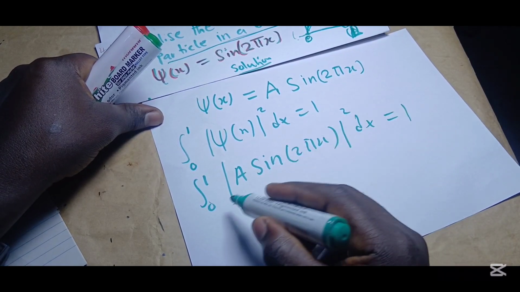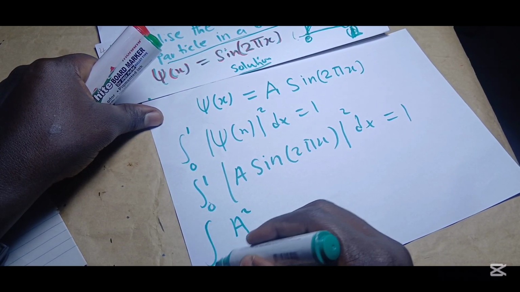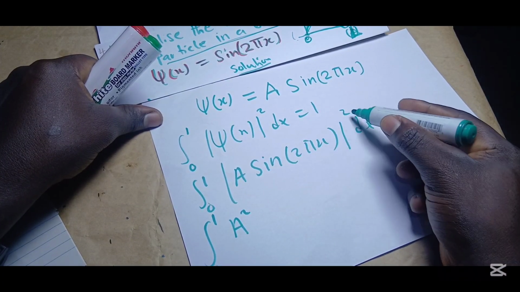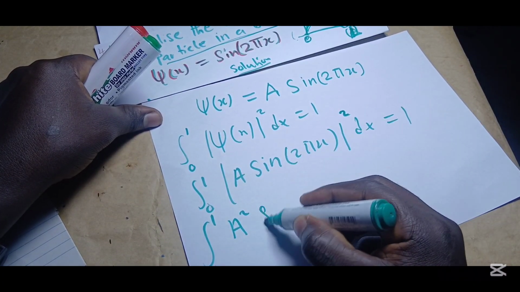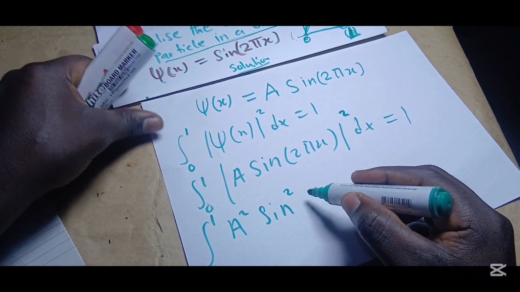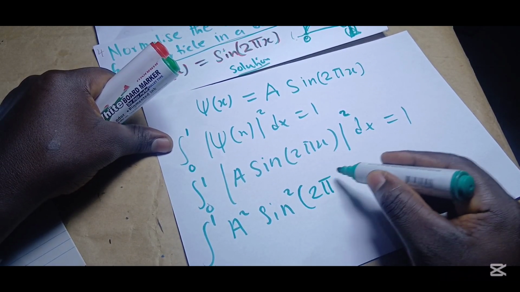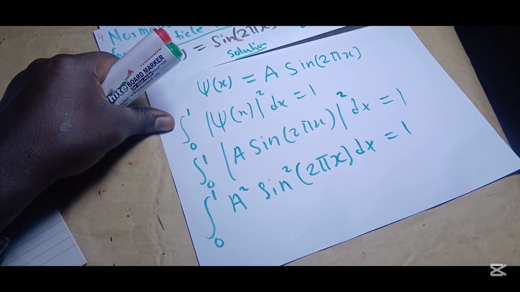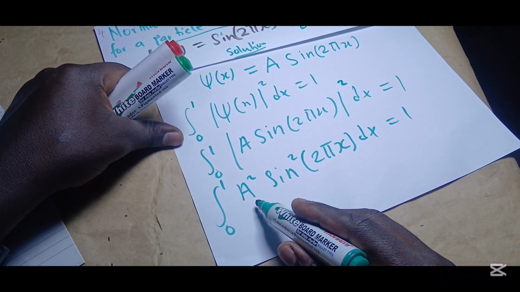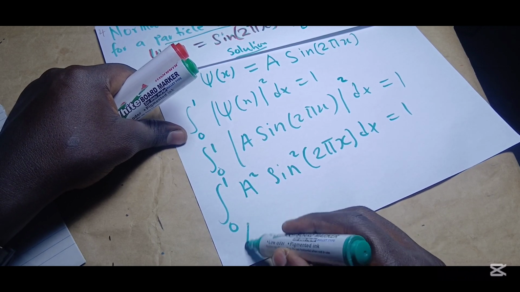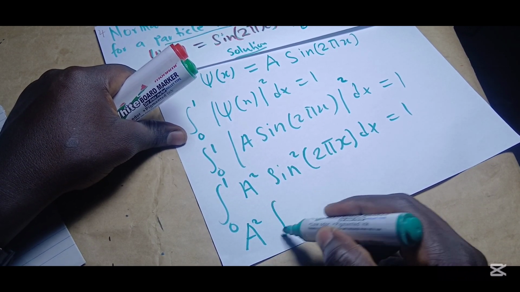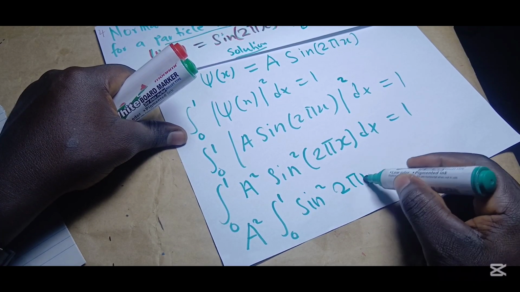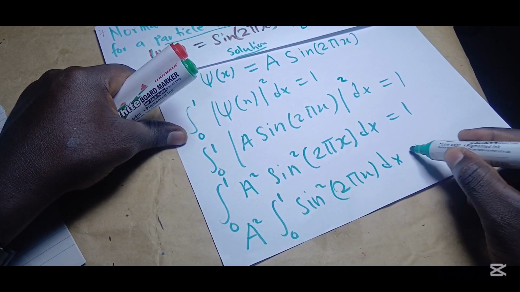We are going to get A squared integral from 0 to 1, then sine 2 pi x to the power 2 is going to give us sine squared 2 pi x dx equal 1. Since A is a constant, our normalization constant, we can bring it out. A squared integral from 0 to 1 sine squared 2 pi x dx equal 1.